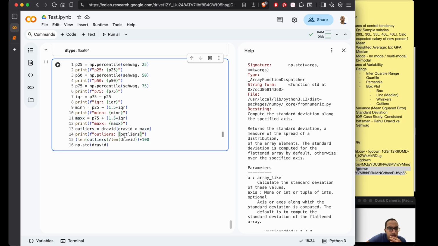Hopefully I'm not messing up. Okay, I did not set it here. Yeah, so we are printing the outliers, then we will print the percentage as well, and the standard deviation.